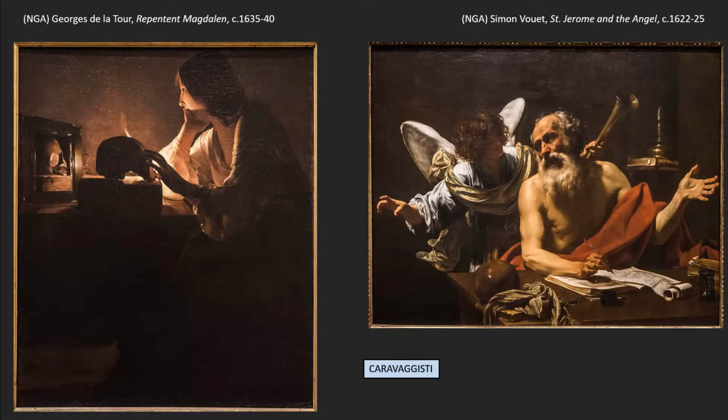So here's Mary Magdalene. In Catholic countries during the Counter-Reformation, late 16th and into the 17th century, they're very much interested in penitence. These are symbols for you and me, role models to follow, whether you're a man or a woman. Think about your life. Fix it. Get everything in order.